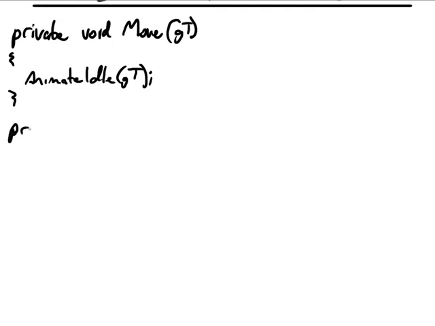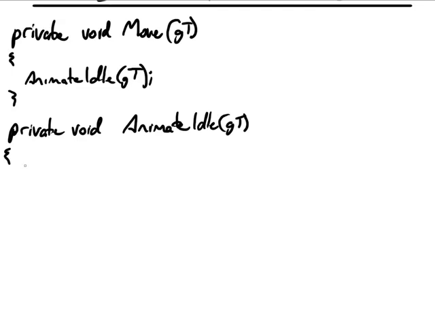So private void animate idle, yes, there we go. It takes in game time, updates current frame time, and checks if we've gone over the animation time or the frame rate.